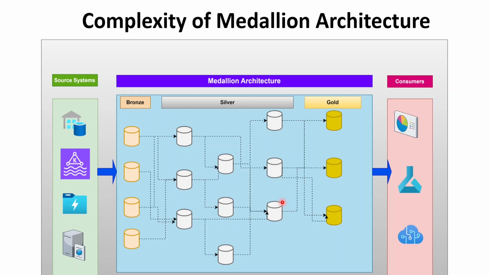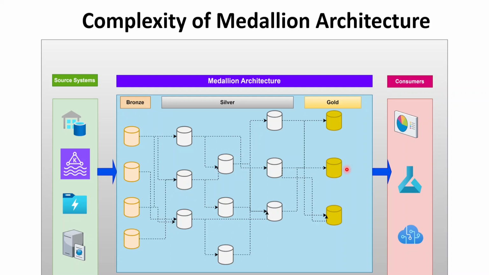Let's say there is some problem with this table. In order to fix the issue, first of all, we have to understand the dependencies of this table. What are the downstream and upstream objects? For example, this particular table depends on these two tables. So here in this diagram, visually we can see this particular table depends on these two. And for this table, this is the consumer.